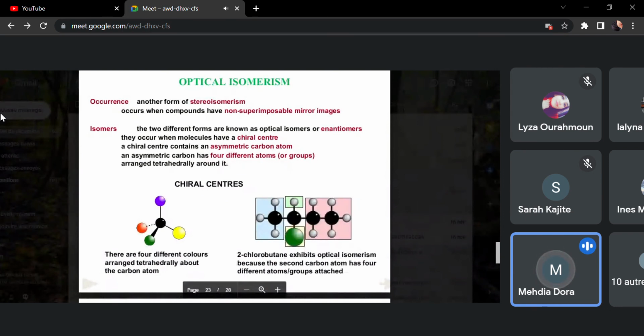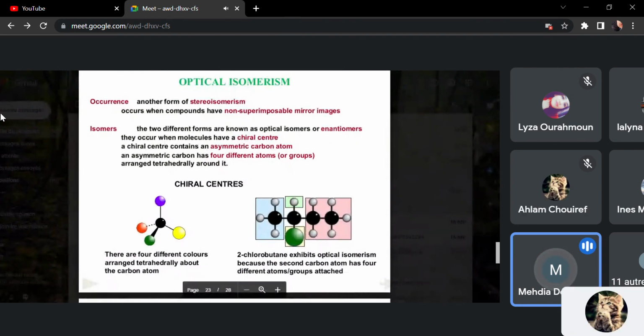The first one is hydrogen, the red here is the chloride, the other one has the methyl, and the other on the right is the ethyl. So they are different, and when we put it just behind the mirror, they give us the same image, but they are non-superimposable. This is optical isomers.